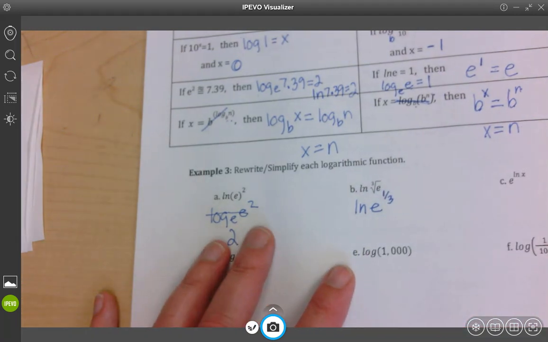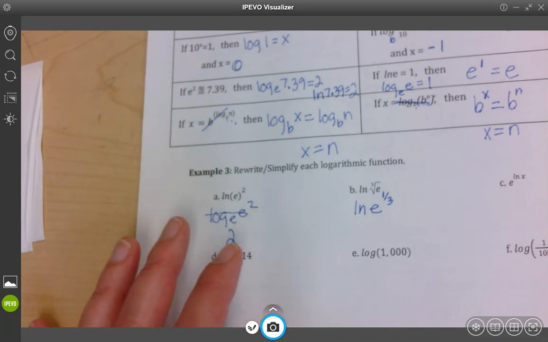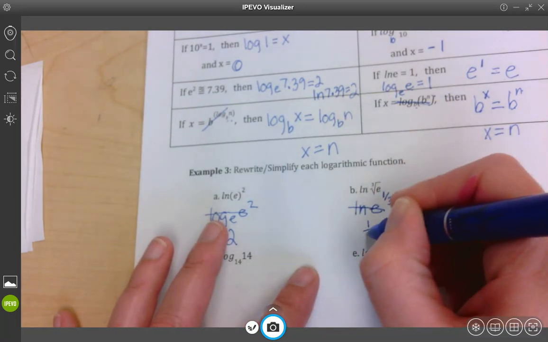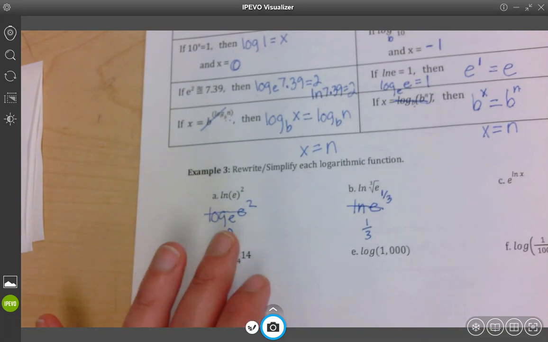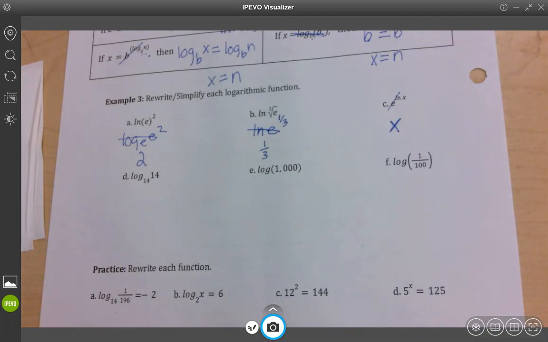Now you can rewrite that as log base e of e to the 1/3 if you want, or you can just remember that the base of the log is matching the base of the exponent and they will cancel, giving you just 1/3. All right, so try C real quick.